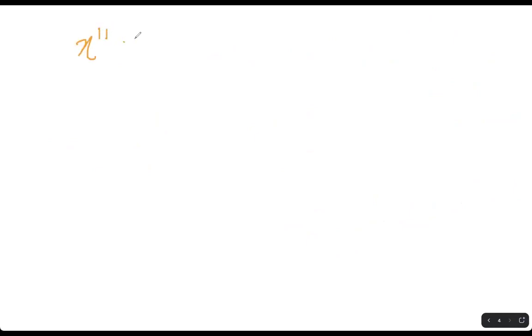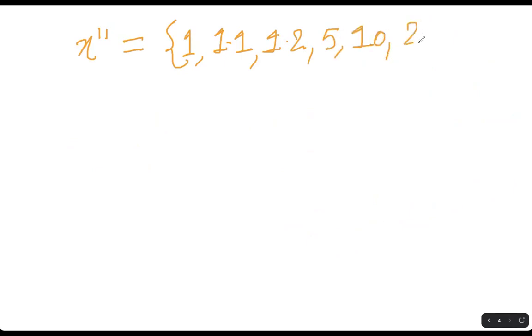Let's assume I have these observations in x double dash: 1, 1.1, 1.2, 5, 10, 20, 30. 1, 2, 3, 4, 5, 6, 7. So let's say we have 7 observations, again 1 till 7 points.